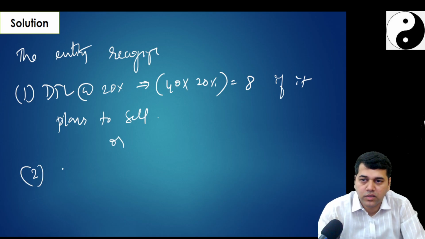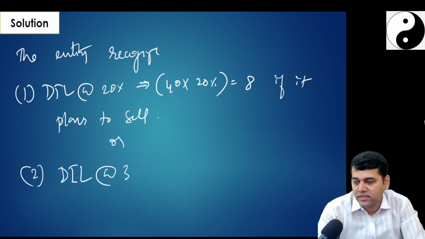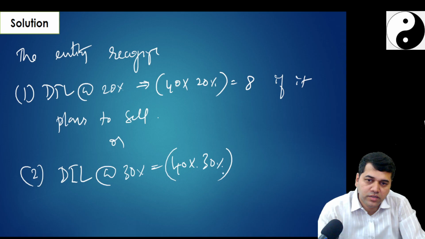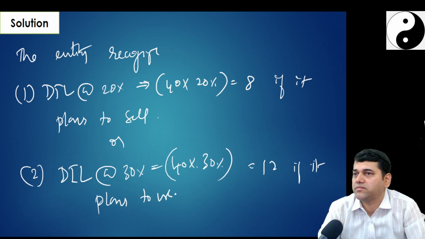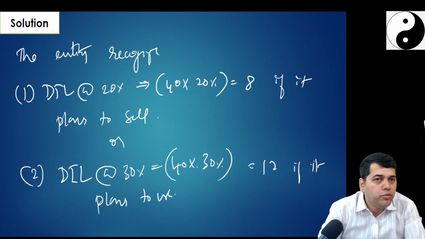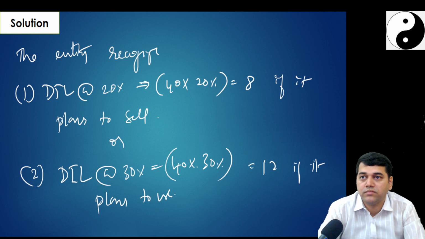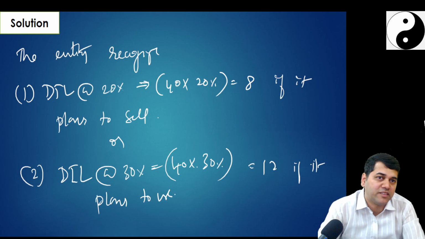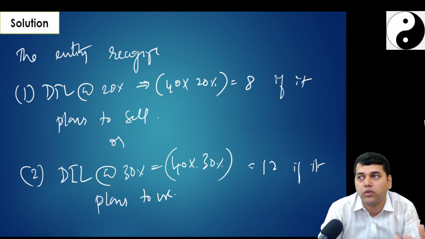Or DTL at 30% is 40 into 30%, equal to 12, if it plans to use. That's it. So they may give all these things in one big problem. So you have to learn how to write. Again, our format is simple: asset carrying amount minus tax base into tax percentage. Now, which percentage? It depends upon what you intend, what is applicable at the end of the first year, like that.